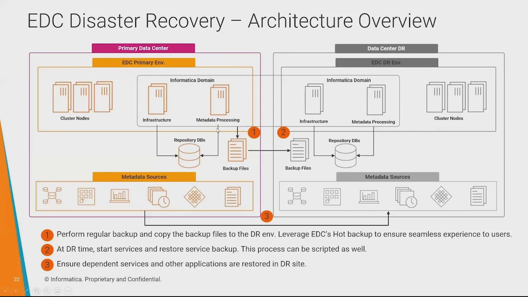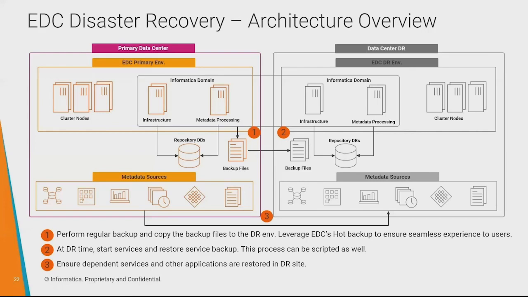So basically, you can have one Informatica domain and you can have 4 nodes under it. 2 will be up and act as the infrastructure and metadata processing nodes. And the other 2, which are on the DR side, don't have to be up and running.